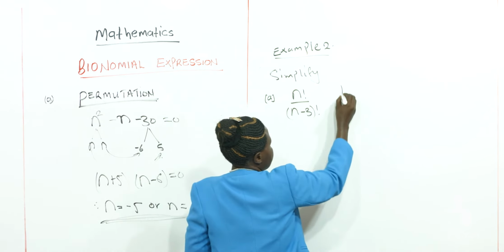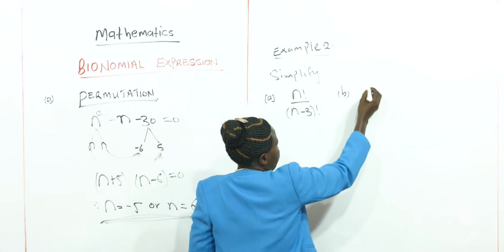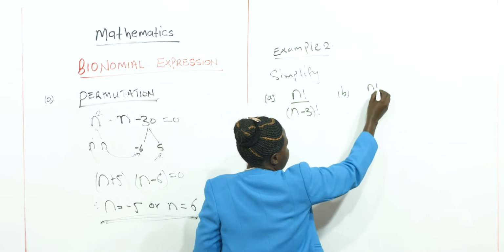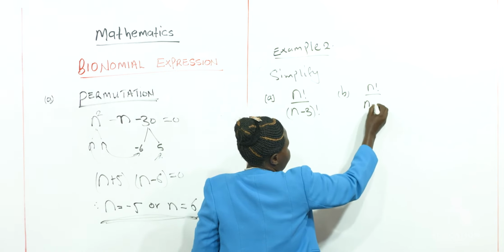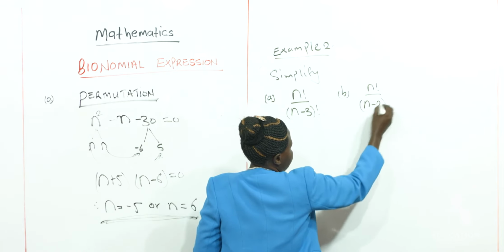And then B, they may say n factorial over n minus 2 factorial.